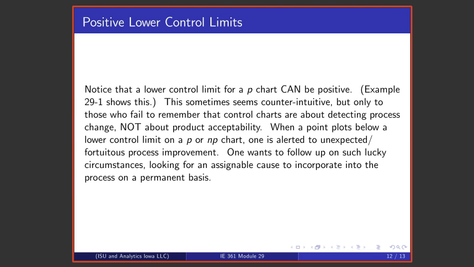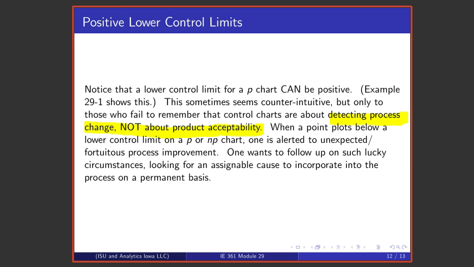One has to remember that the point of control charting is about detecting process change, not about product acceptability. And so if I get a point that's below a lower control limit on a p-chart or an np chart, what I conclude is that somehow, for some reason, there is process improvement indicated.